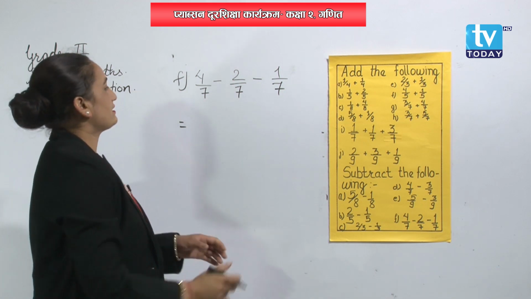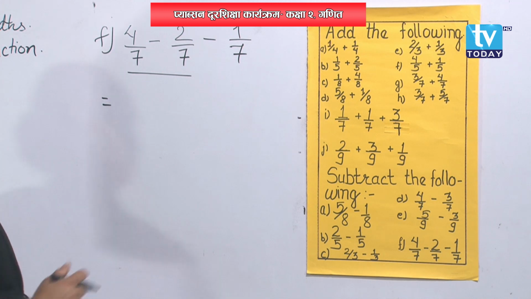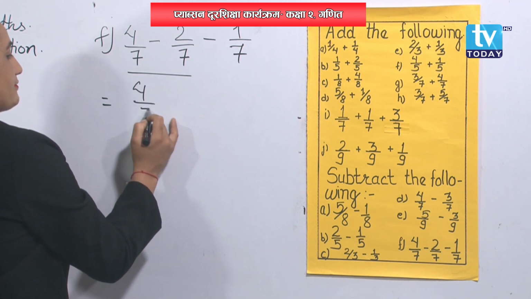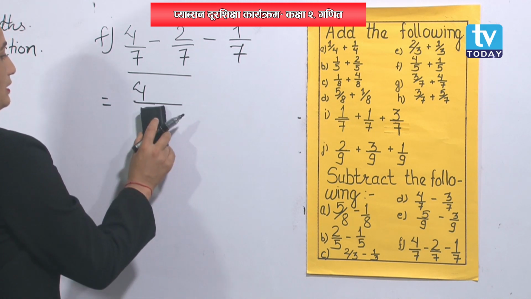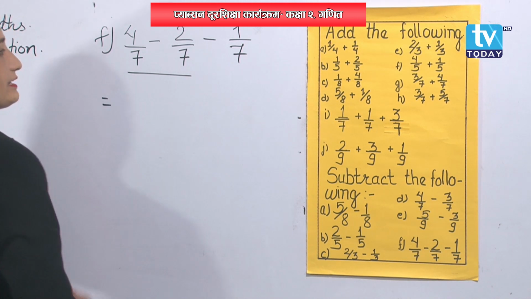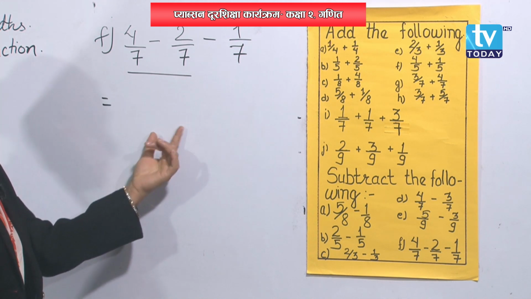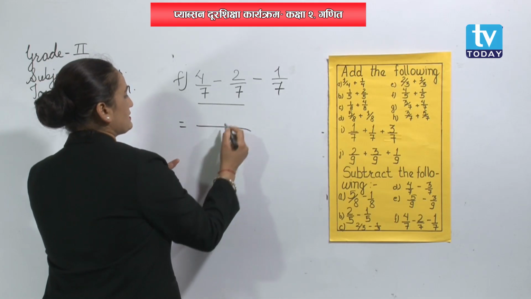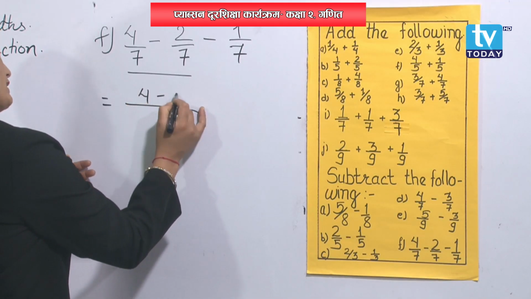Okay, student. First of all, let's take the first 2 fractions. 7, 7, 7 will be common. 4 minus 2.